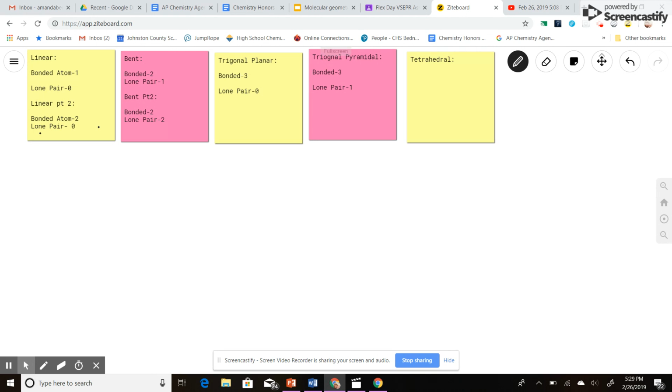A good example of our trigonal pyramidal would be nitrogen trifluoride. Here, let me redraw that because that guy sucks completely.